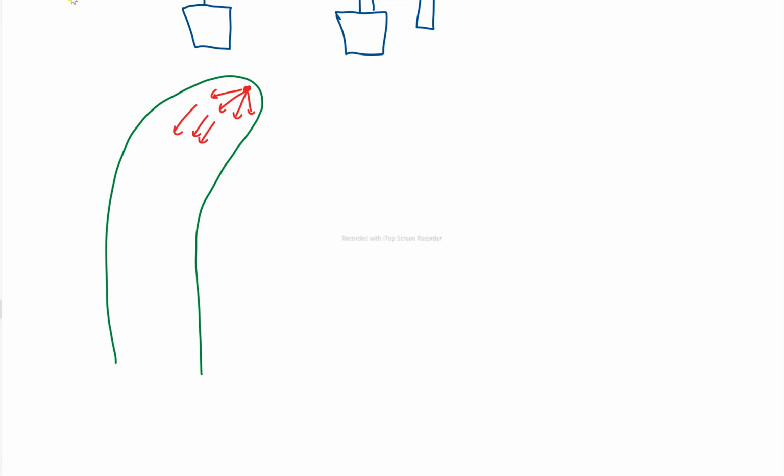Now because the light is coming from that direction, more of this hormone will gather in this area here. Now what that does is that causes these cells to elongate. They grow longer than the cells that are growing at this end. That then forces the plant to bend over towards the light.